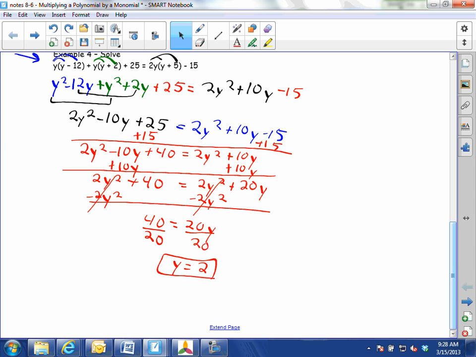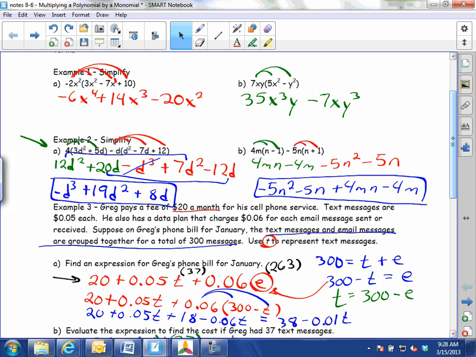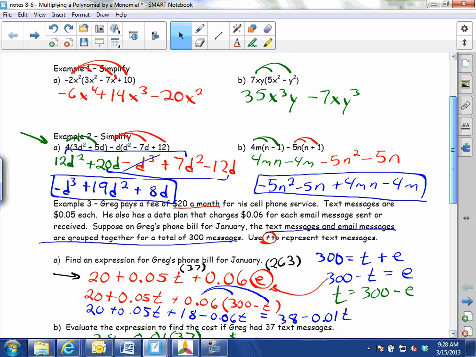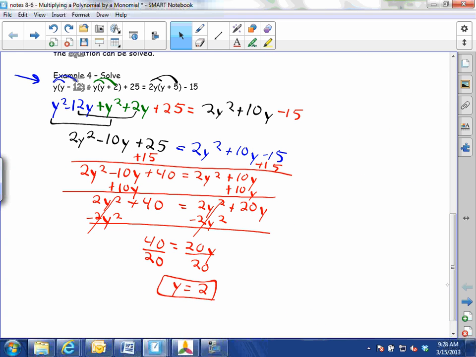So the ones that have the equal sign, we just swap all the way. But like the ones that we did up here, we just simplify. Because there is no equal sign, you can't figure out what any of the variables are, because they're just asking us to simplify or evaluate. Down here, they want us to actually solve. When it says solve with an equal sign, that's what we do.